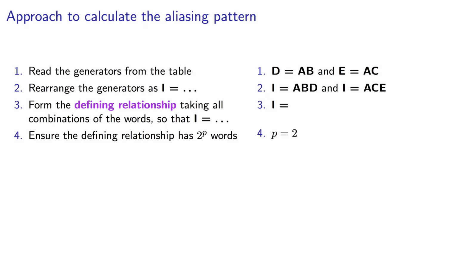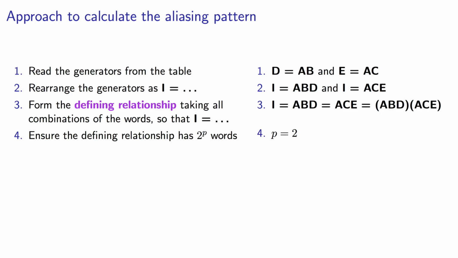We find them by taking all possible combinations of the rearranged generators. The simplest combination is to take the words on their own. So my second word is ABD, and my third word in the defining relationship is ACE. The next combination is to combine two of the words together.